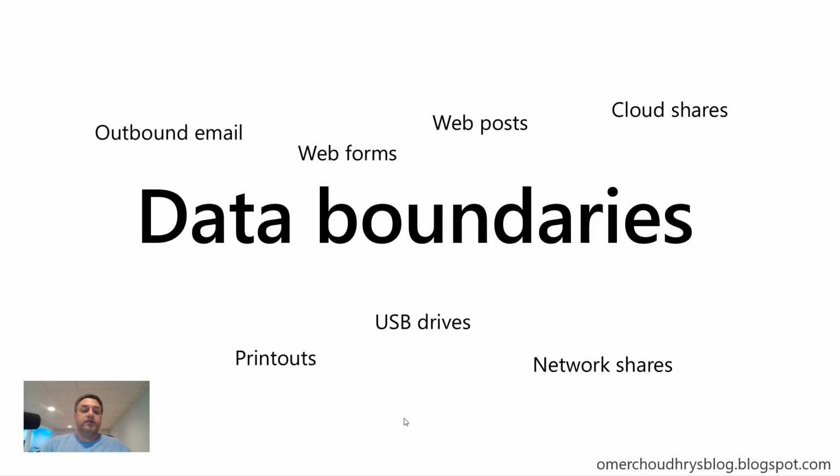So, some other examples are USB drives and printouts. Of course, we are usually allowed to take printouts of all kinds of data within the organization when we are in the office premises. But if someone is able to sneak some of the important information sheets outside the organization, it has crossed the boundary.